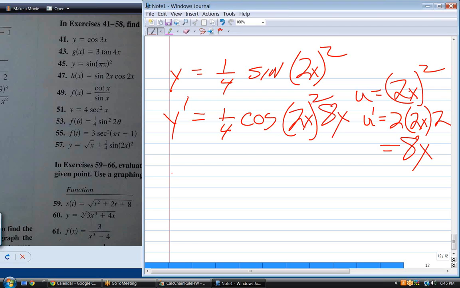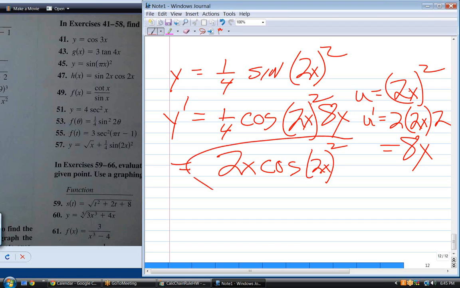And I guess your final answer, I could change this. Let's put the polynomial in front. So we end up with 2x times cosine of 2x squared. Or I could do away with the parentheses and write 4x squared. But that's going to be my final answer.